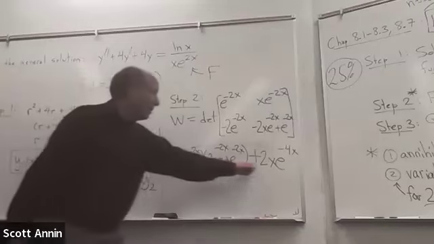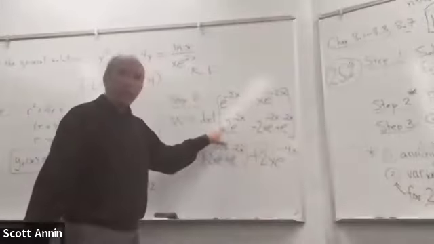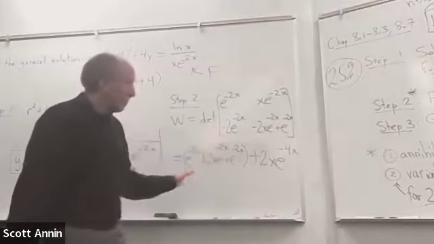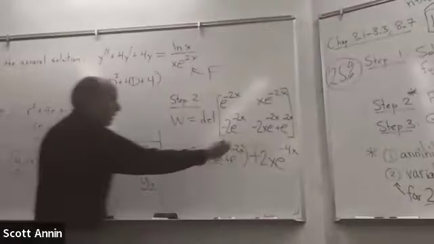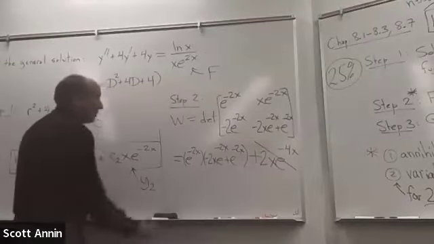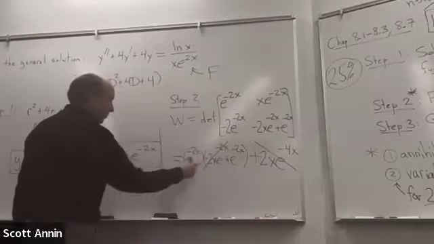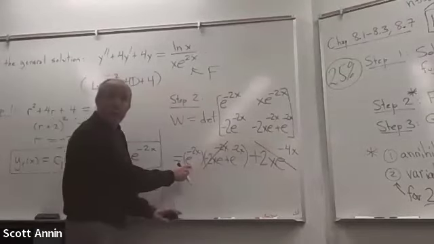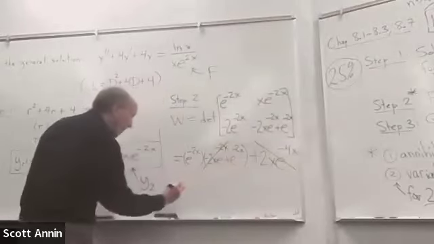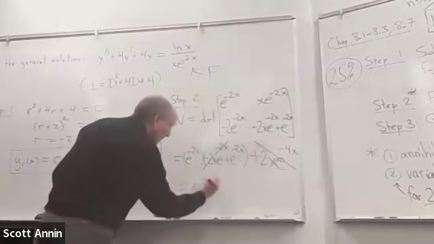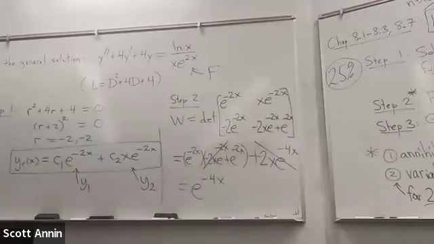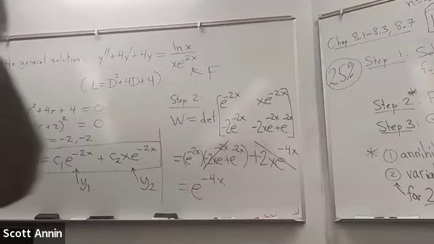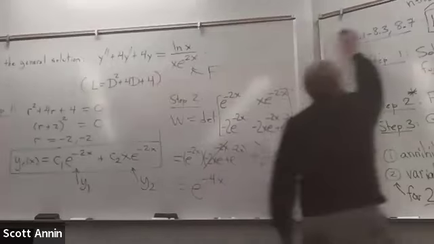Notice that I put a plus here. That's because it's really minus a negative, so it turns it back into a plus again. And this last term will actually cancel with this term as soon as I multiply it by e to the -2x. The only term that survives is this e to the -2x times itself, which gives me e to the -4x. So a little bit of calculation there to get that part worked out. That's the Wronskian.